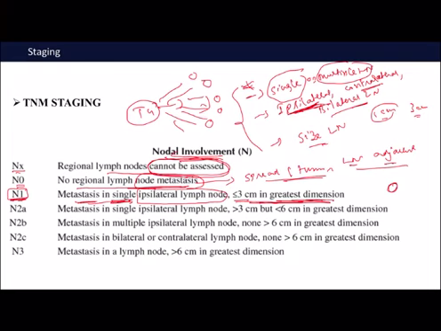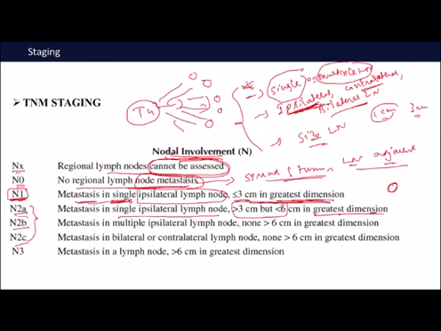And N2 has been classified into three forms, that is N2A, N2B and N2C. Now what are the changes you can appreciate here? N2A is almost like N1, single ipsilateral lymph node involvement, but the size is varying, that is, it has to be between 3 to 6 centimeter in greatest dimension, right?